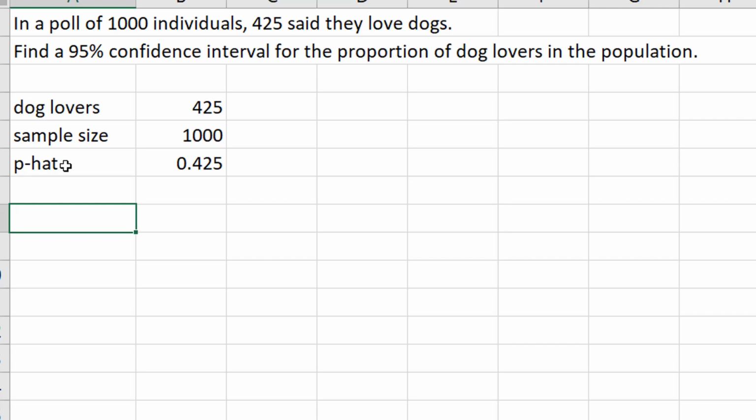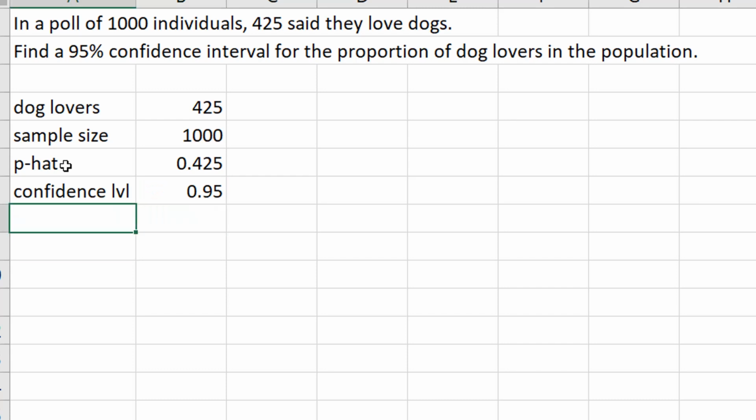Now we want to find the margin of error. I'm going to calculate all of these parts. So z star is a critical z value, and this is the critical z value for a 95% confidence interval. Actually, let's put it here. My confidence level is going to be 0.95, right?